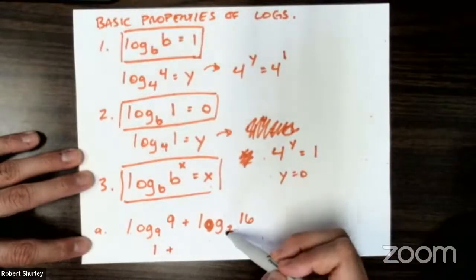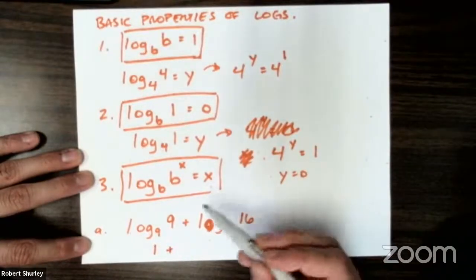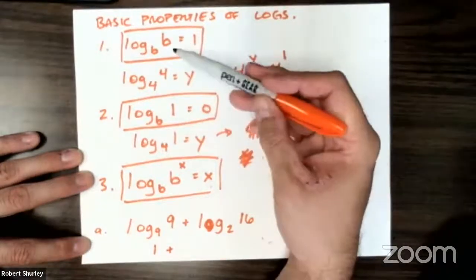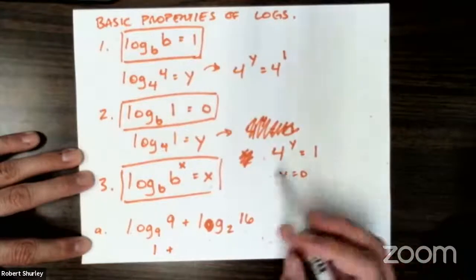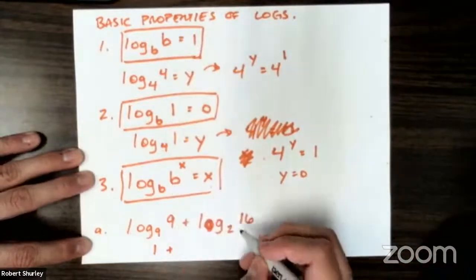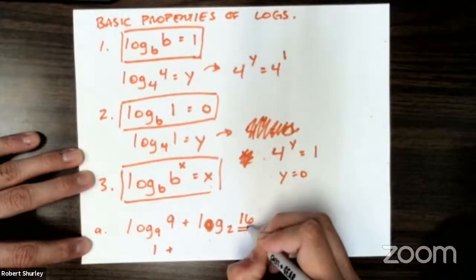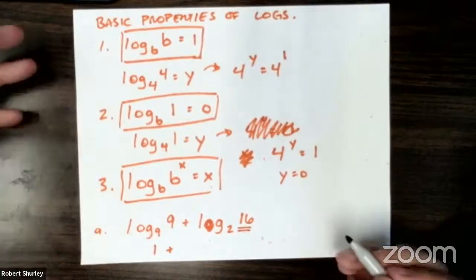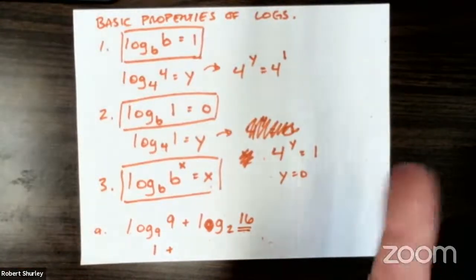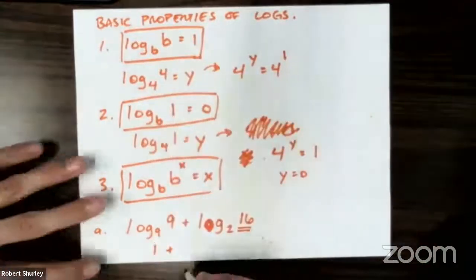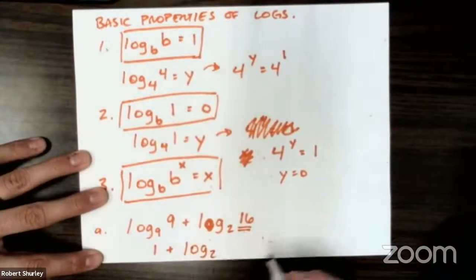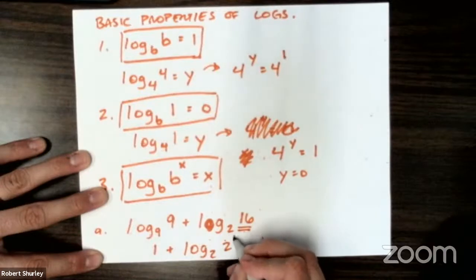Now, this logarithm doesn't line up to the first or second. It's not that they're the same. It's definitely not that the 16 is a 1. So I'm going to see if I can get this number into a base 2. And I can, right? 2 times 2 is 4, times 2 is 8, times 2 is 16. So log base 2 of 2 to the 4th.